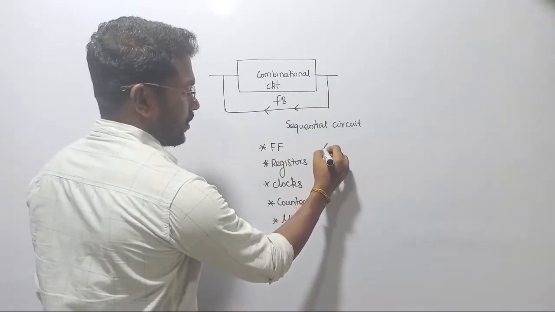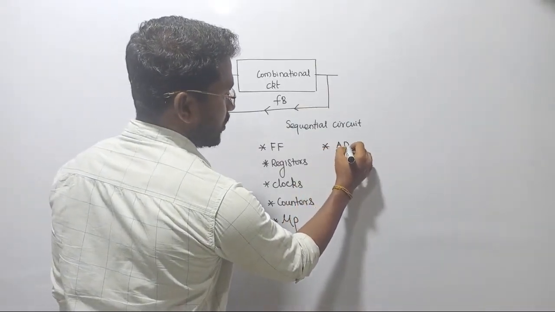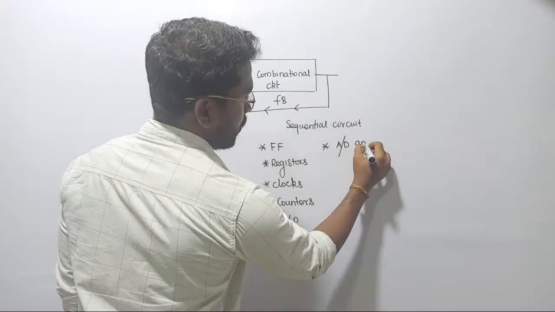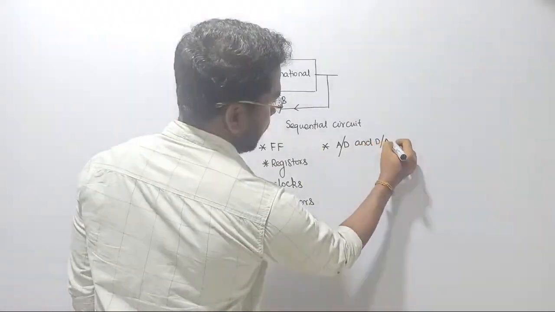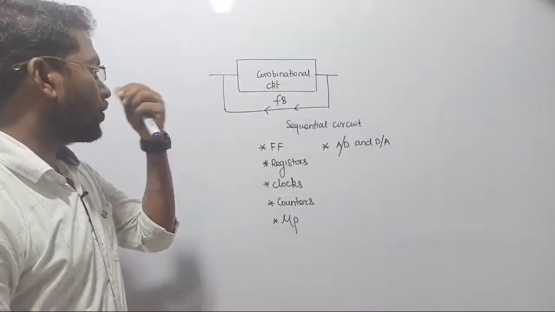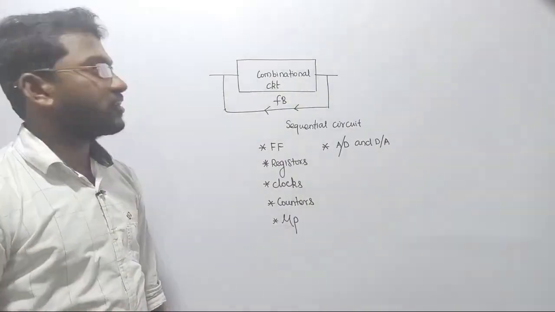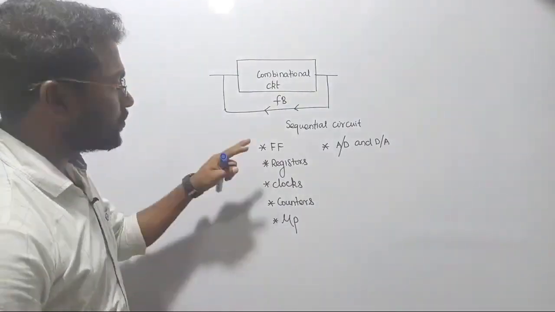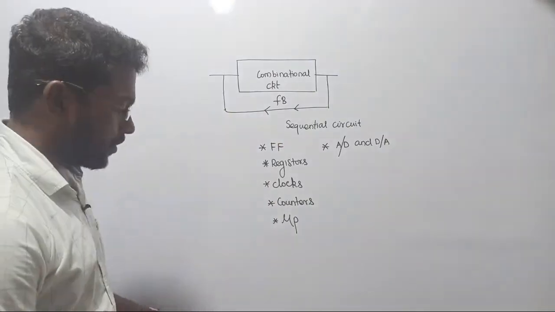We can also see devices that we are going to design, analog to digital converter and digital to analog converter, right? In general, for all types of converter circuits we give priority to sequential circuits only. With the help of sequential circuits only we are going to design all these types of circuits, right?